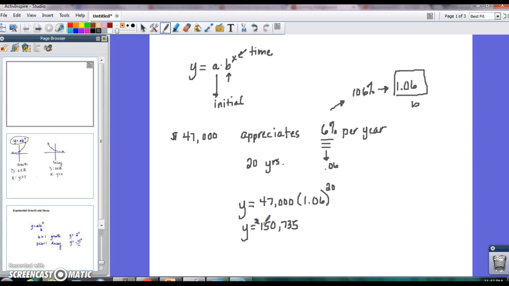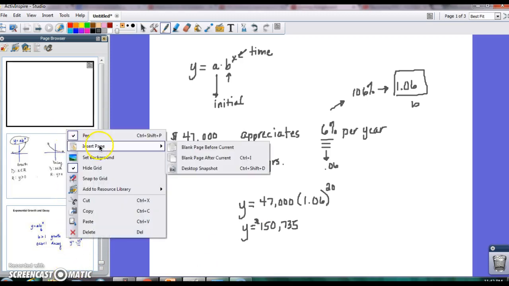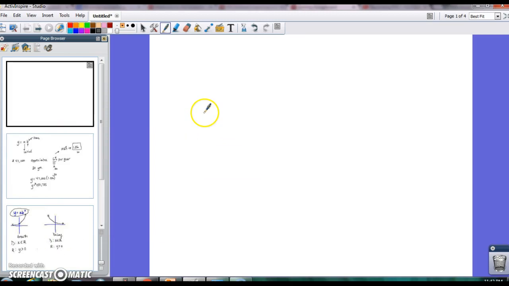Okay, so that's the idea behind exponential growth. Exponential decay works the same way. If I had a situation where I had decay, so let's say you're talking about your car depreciates. I mean, you may have heard the term, oh, it depreciated as soon as I drove it off the lot.